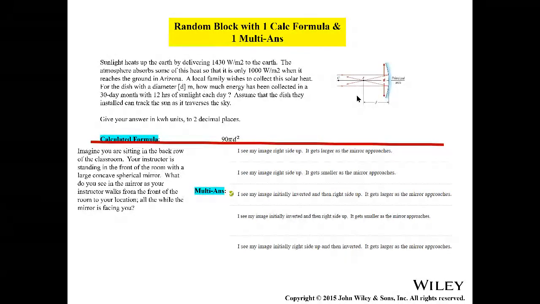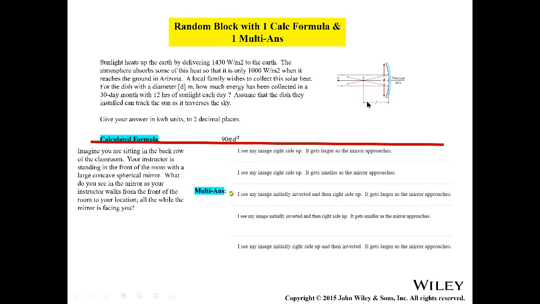for 12 hours. And what you are now doing is focusing it onto this focal point, and you now want to know how much energy was collected. Well, of course, the energy that's collected is all of the solar energy coming in, and we are told it is about 1,000 watt per meter squared in Arizona. So if it is 1,000 watt per meter squared, I know my area here because I know my diameter.